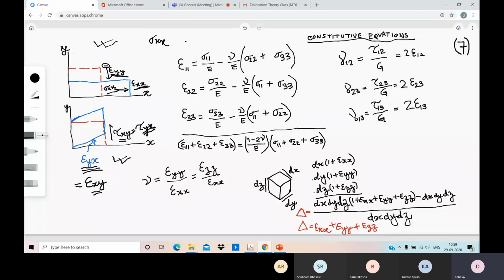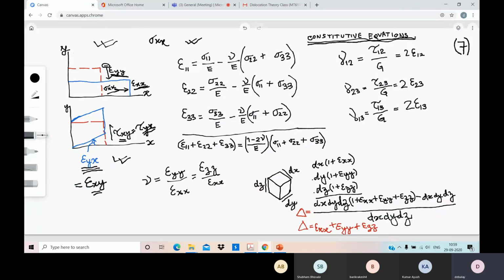So in general, the stress-strain relationship under elastic loading condition can be represented by these equations. The name of this set of equations is written here. Very important expressions. This is called constitutive equations, constitutive equations under elastic condition.